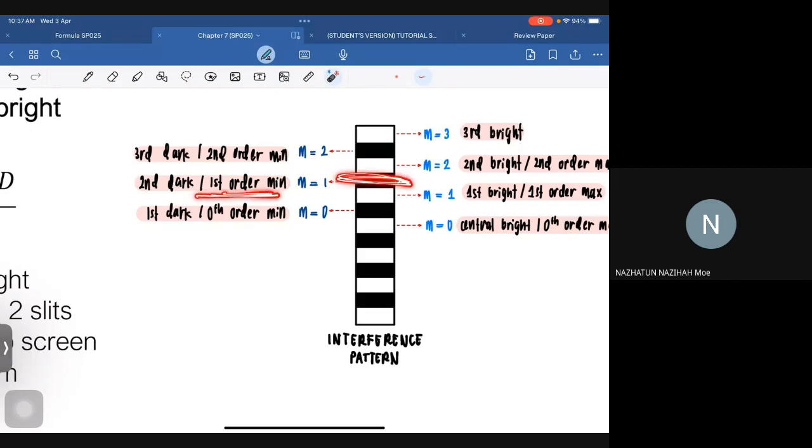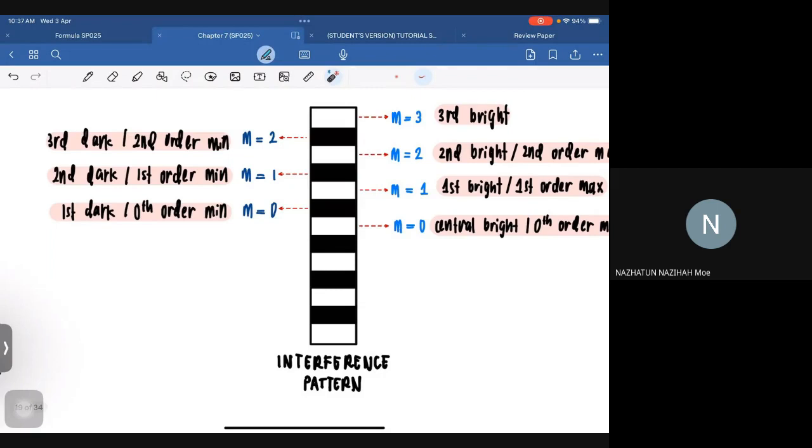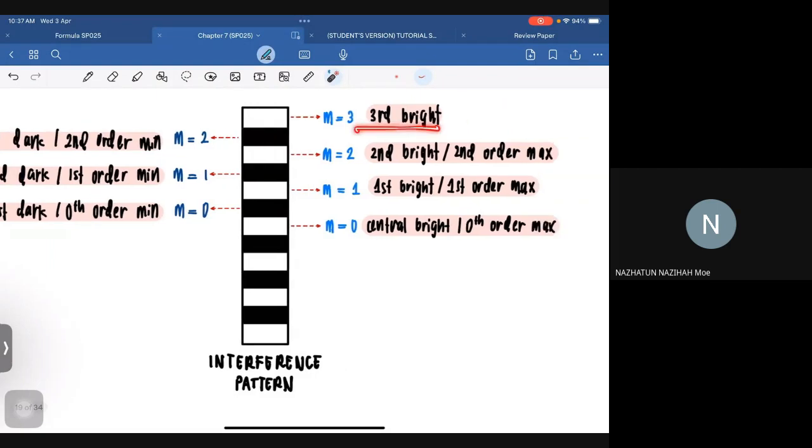The distance is from this first order minimum to the third order maximum. So which is the third order maximum? Third order maximum is this one, the third bright. So what is the distance from... Oh dear, my cat wants to go out, guys. Be patient. From here to the first order minimum, which is this one here.